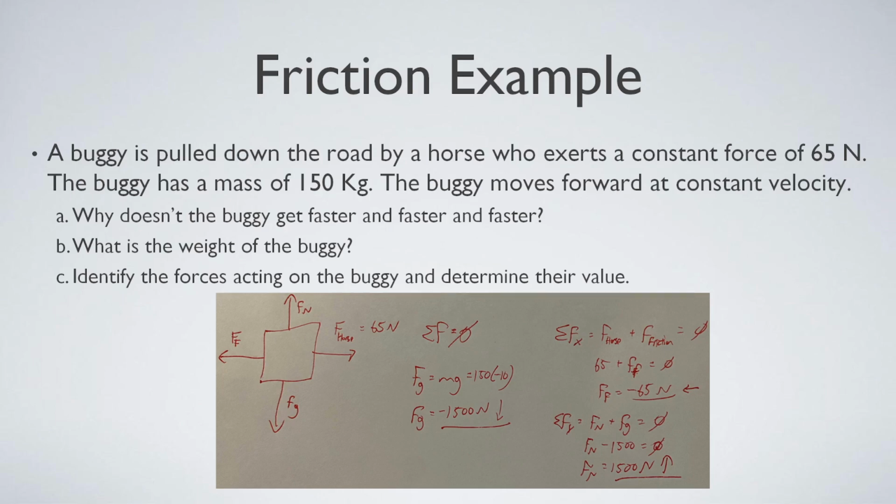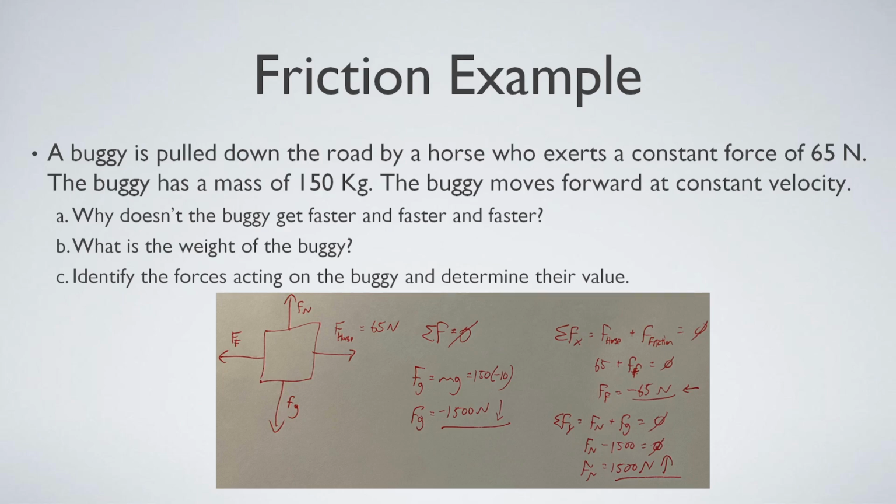Friction always springs into existence whenever one thing tries to slide across another thing. Friction's a big pain like that. Objects would normally move in a straight line by themselves without any interference, but friction from the road stops it. And friction is an outside force. I want to make that clear. In this case, the friction is a rightward pointing force that the ground is exerting on the buggy.